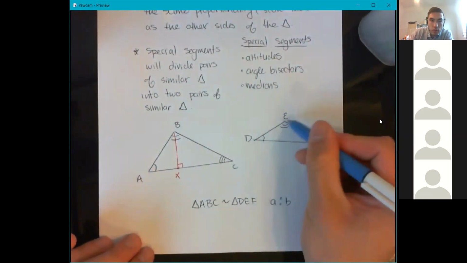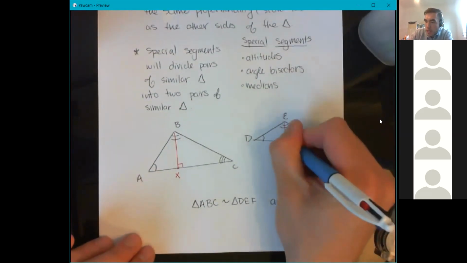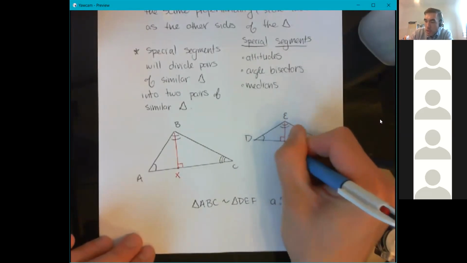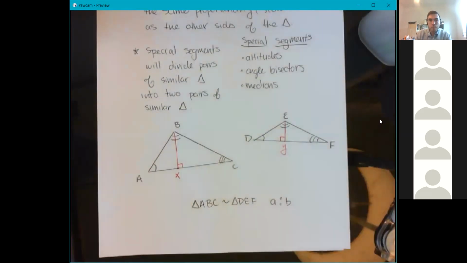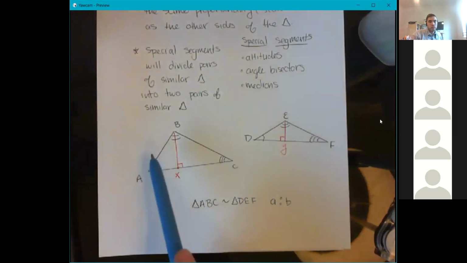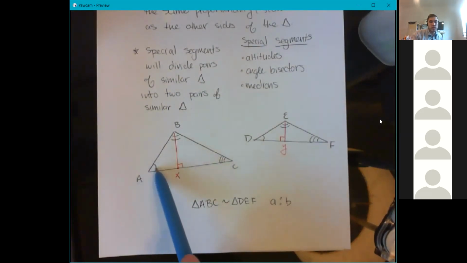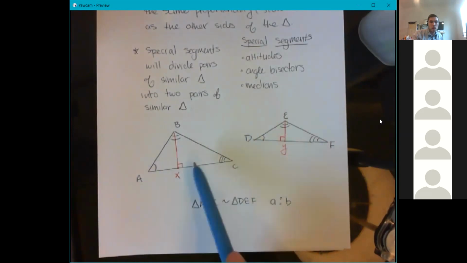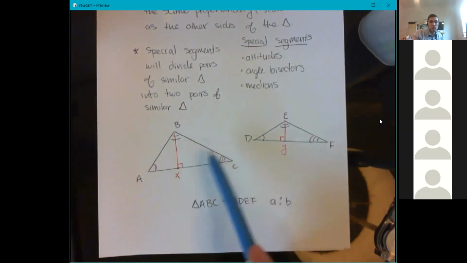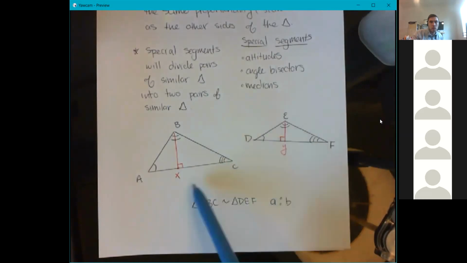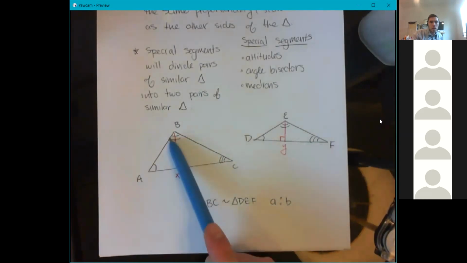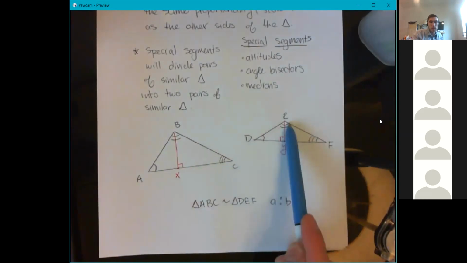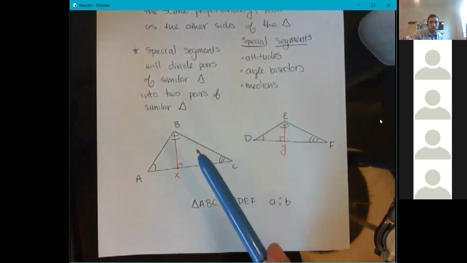Over here on the right, I'm going to do the same thing, dropping down an altitude at 90 degrees, and I'll say it makes a point Y. Notice on the left, this triangle has angle A, this has angle D, and those are the same angle. It also has a 90-degree angle here and here. So what does that tell me about this right triangle and this right triangle? They are similar.